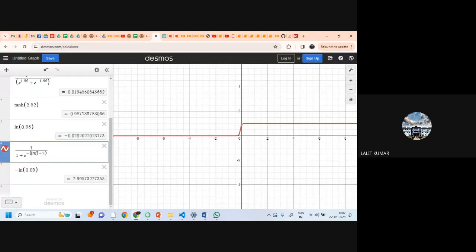When W is not negative, bias is initially 0, and we make bias 1. If you increase the bias, for example to 2, the graph shifts to the left side. Okay, you can see this.